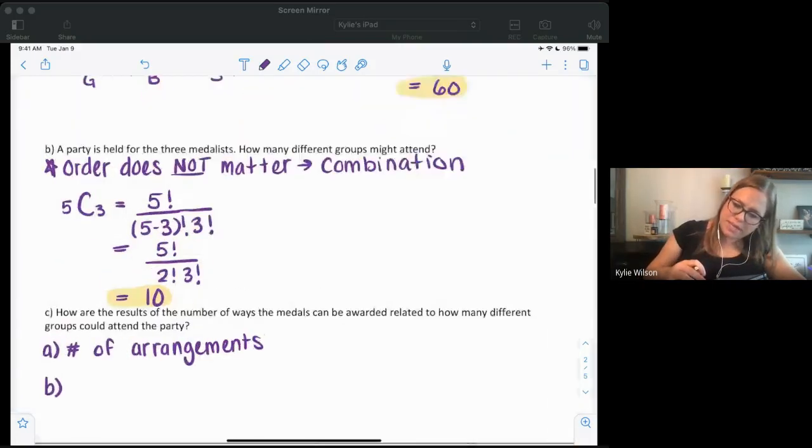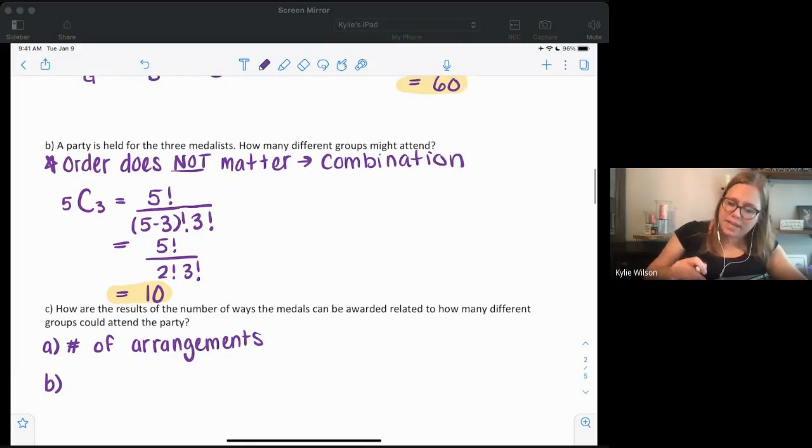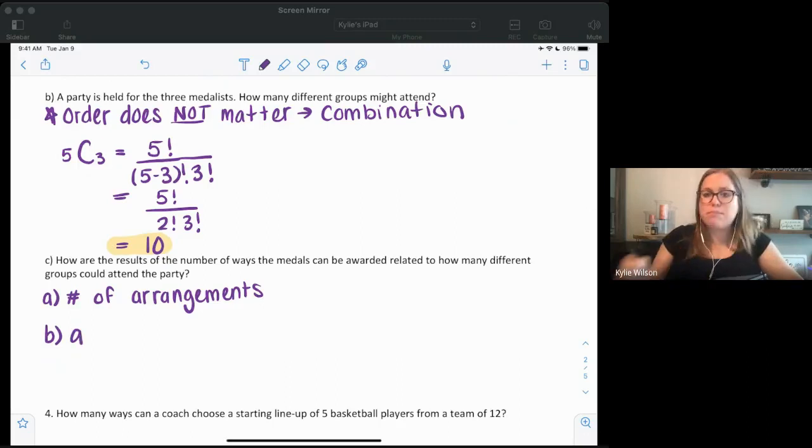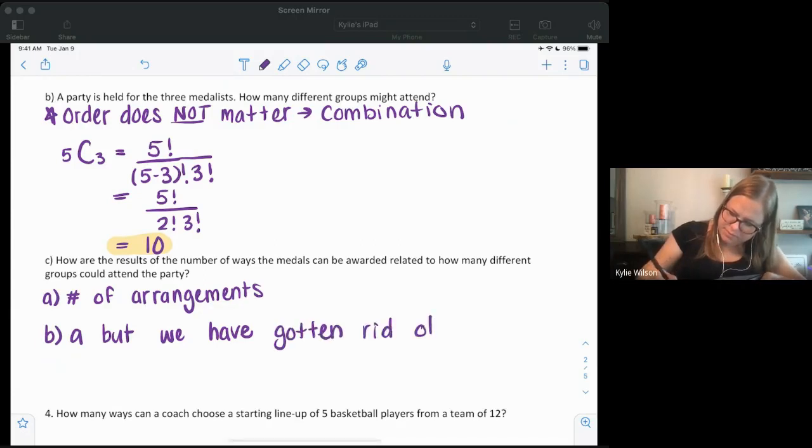For part B, here, what's going on is B is A, but we've basically gotten rid of any doubles. And that's because order doesn't matter.